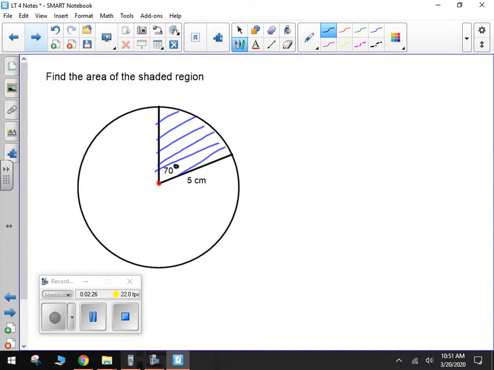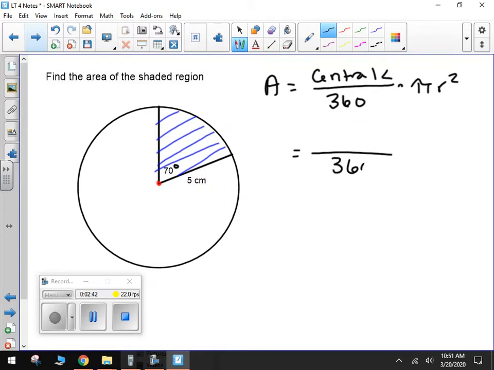I notice that the shaded region is a sector, so I know my formula is going to be central angle over 360 times my pi r squared. Okay, so my central angle right here is 70 degrees because its vertex is on center, so 70, times my pi r squared. My radius they give me is 5.